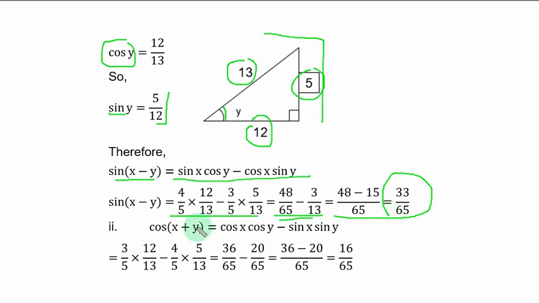Roman figure 2 of part A is the cosine of s plus y. That is compound angle. And you have this expression. Already, you know what cos s, cos y, sin s, sin y stand for previously. You simply replace them and you have this result. After subtraction, you find the LCM and you have 16/65.